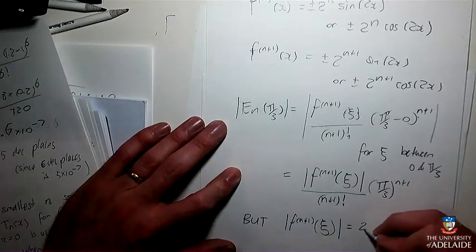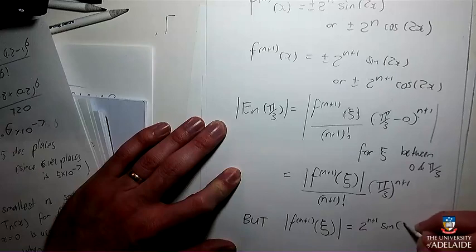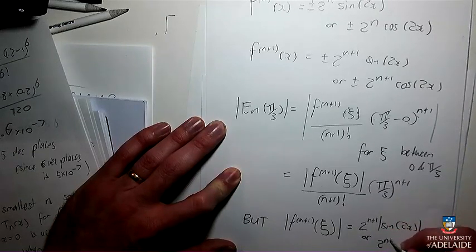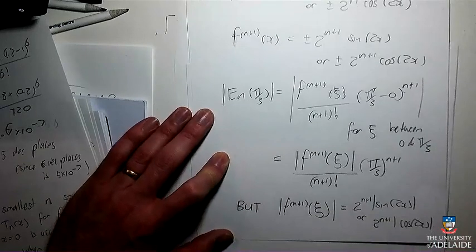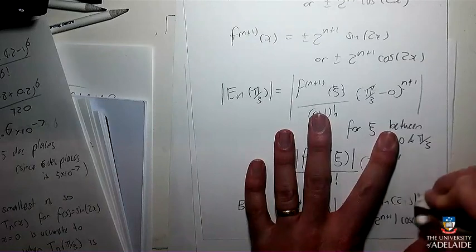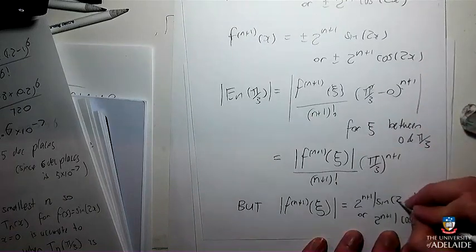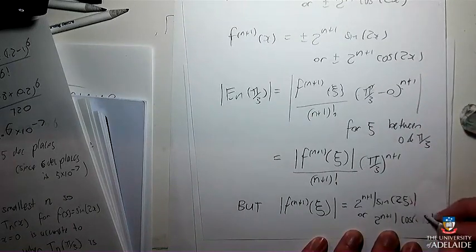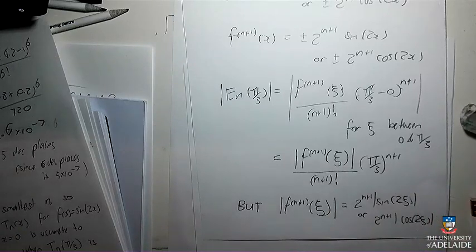So it's going to be 2 to the n plus 1 sine 2 psi, or 2 to the n plus 1 cos 2 psi. Oh no, sorry. Psi. Right. So that's those things.